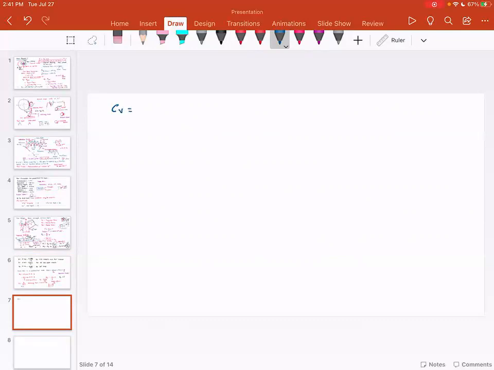CV is equal to 4.5 divided by 4.5 plus V for carefully cut gears, up to Vp less than or equal to 12.5 meters per second.